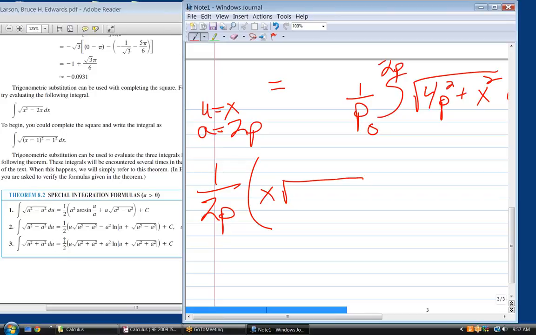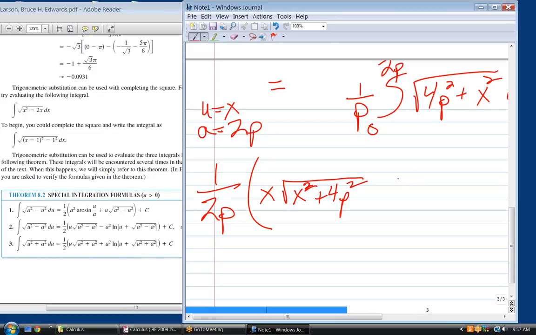So the first thing I have is 1/2 times the 1 over p, so we get 1 over 2p, times u, that's x, times the square root of u squared plus a squared, which is x squared plus 4p squared. With me?